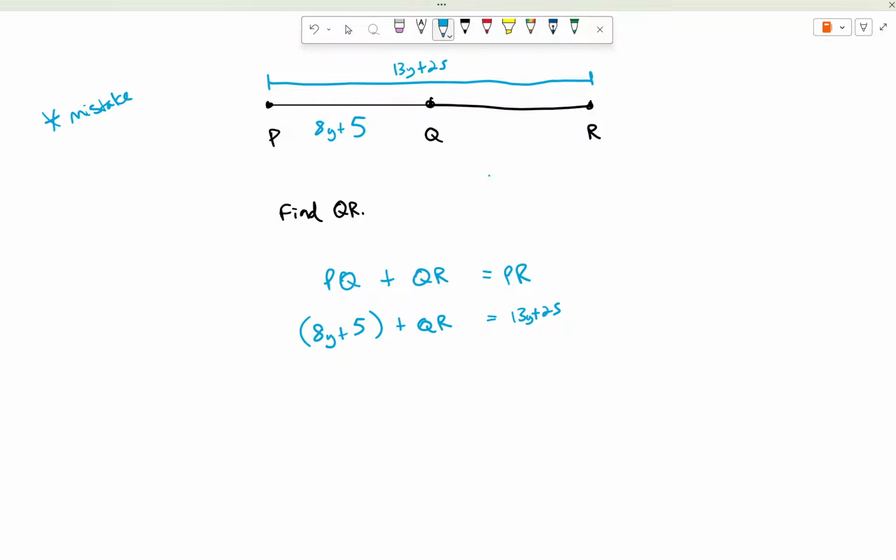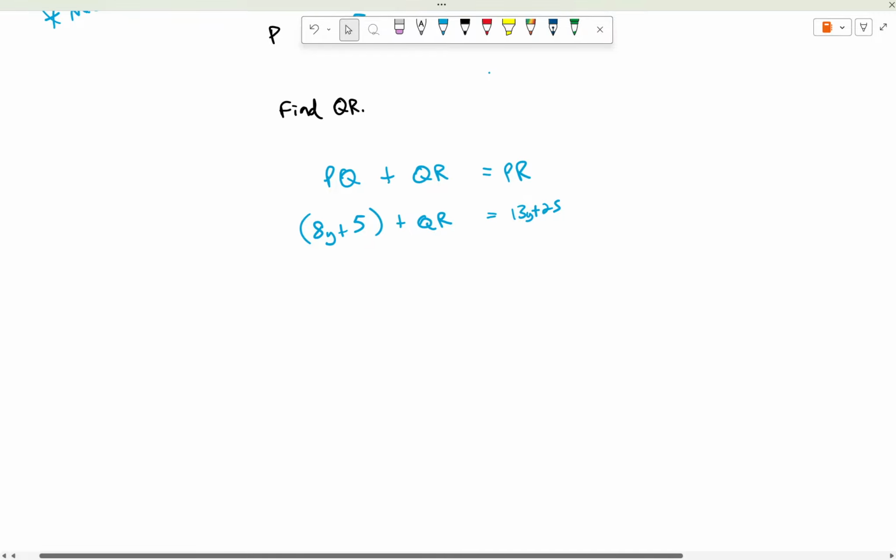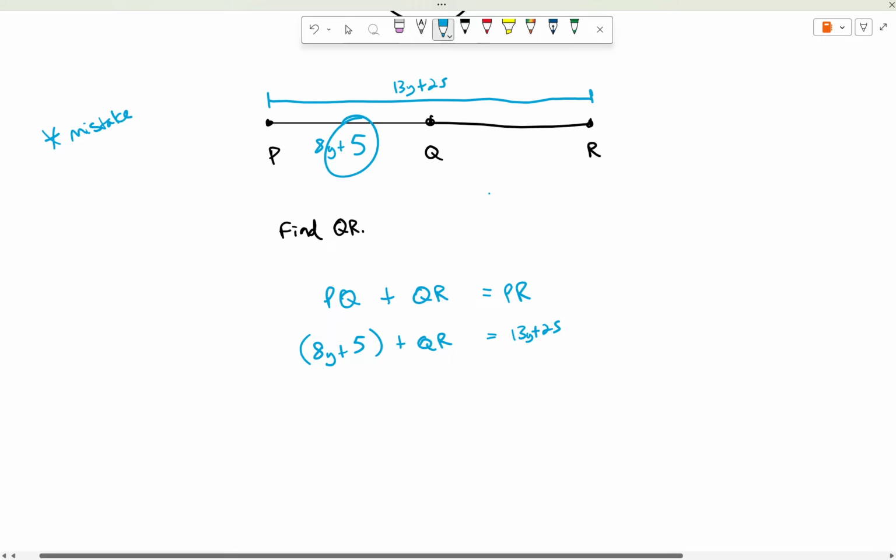You see something, you just write it the wrong way when you copy a problem down. It doesn't mean that you have any sort of procedural error in terms of knowing how to complete the structure of a problem or knowing the algorithm, the problem solving methodology. The issue is just I wrote the wrong thing. Okay. So here we go. Now I've got the right thing. So it should have a 5 right here. Not a 25. I was just paying attention to this 25 and I got in a rhythm.